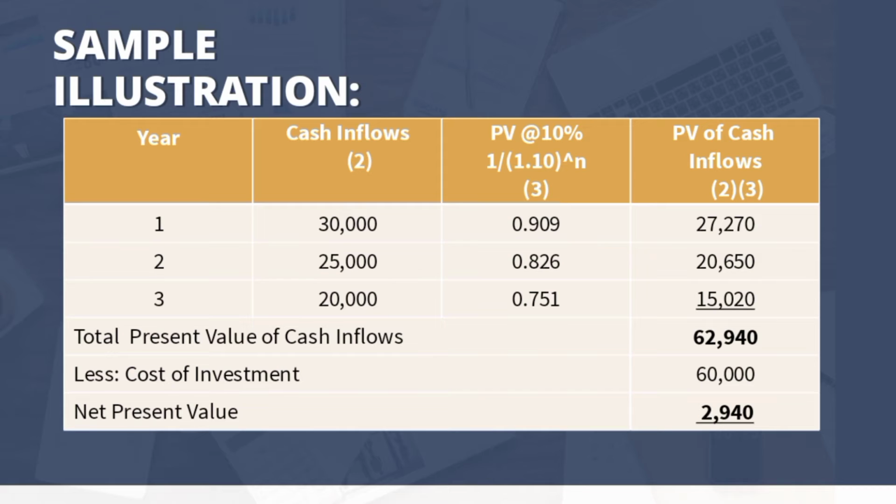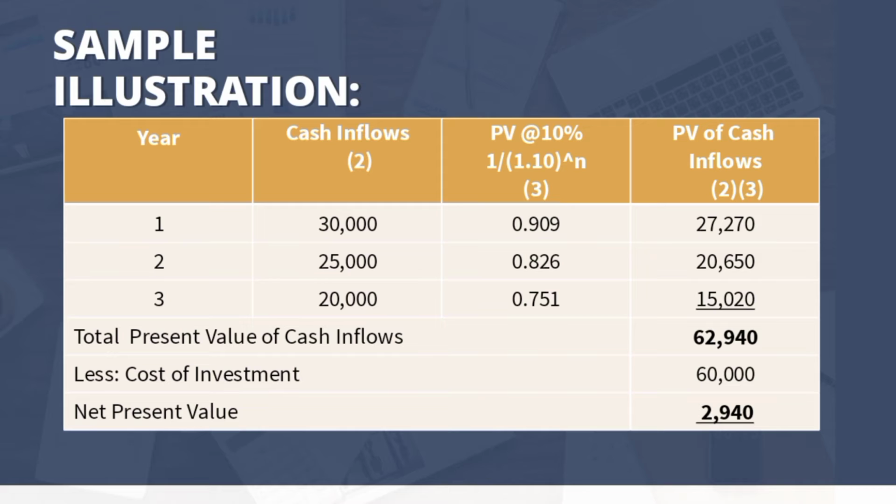In other words, we have to try a rate which, when used to discount the cash inflows, the total present value of cash inflows will be equal to the cost of investment, which is 60,000. In our first trial, using 10%, the total present value of cash inflows is 62,940. Less natin yung cost of investment, which is given na 60,000, and the net present value is 2,940.